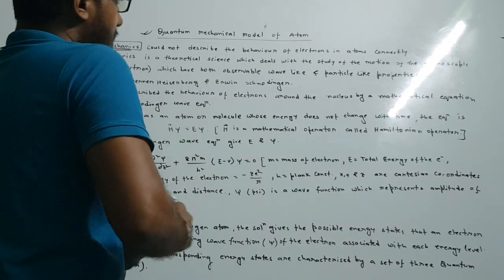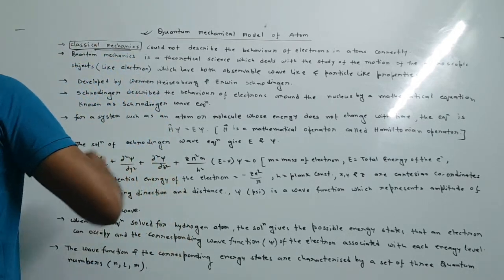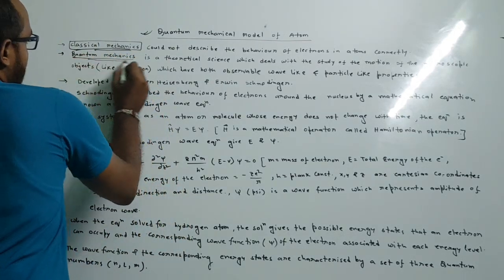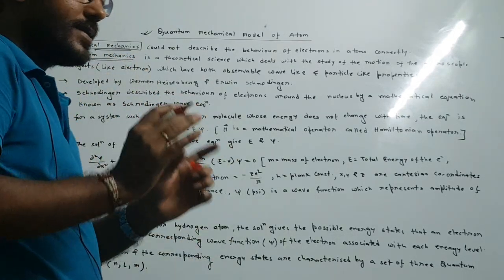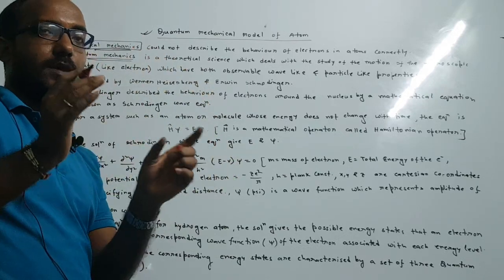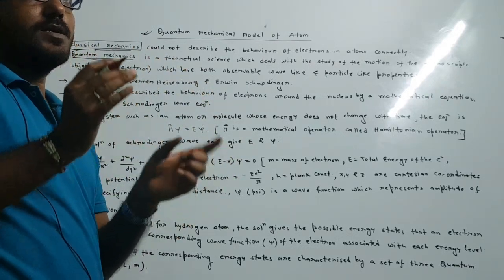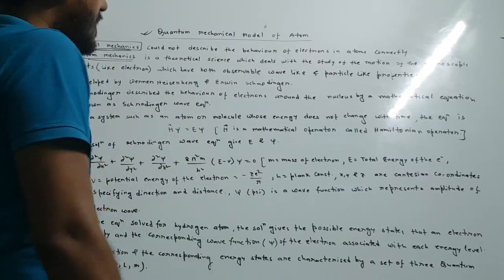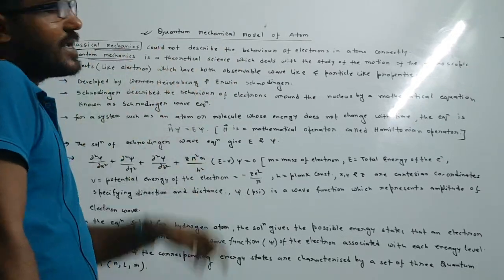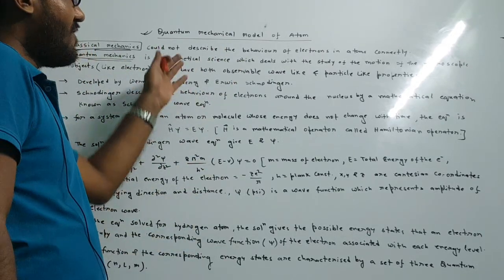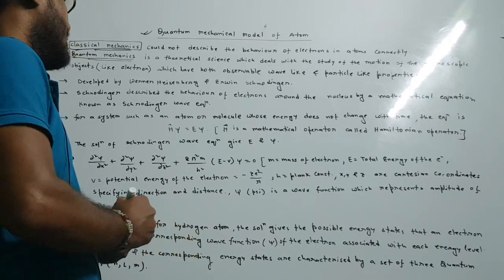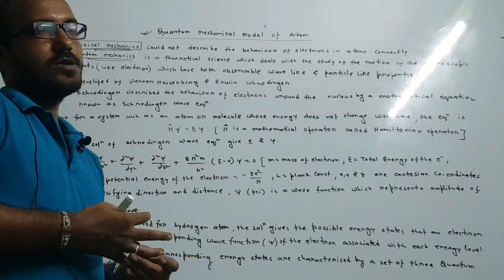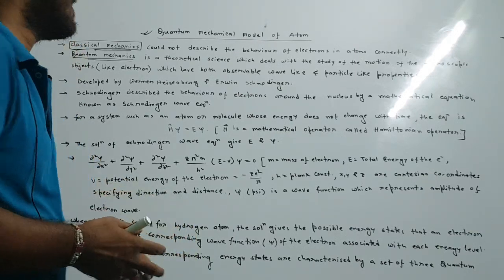So to rectify these drawbacks, quantum mechanics plays an important role in finding the position of an electron at a particular time. It overcomes the limitations of classical mechanics, which failed to tell where an electron should lie at a particular time.